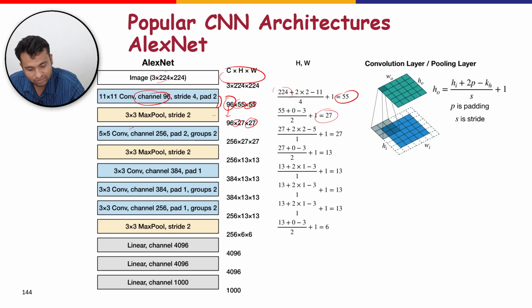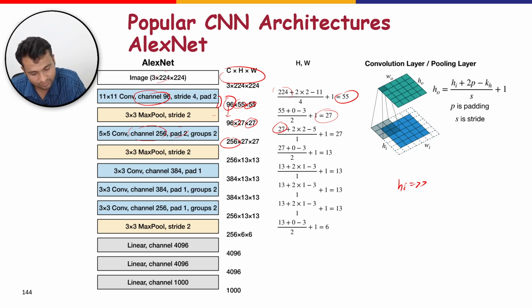Then we have 256 filters, so definitely the output will be 256, and padding and grouping is 2. You apply the same formula here: 256, and then based on this formula, the input dimension is 27, right? So HI is basically 27 in this case.